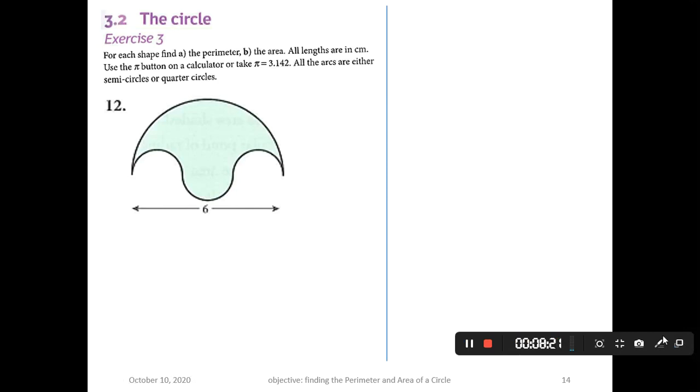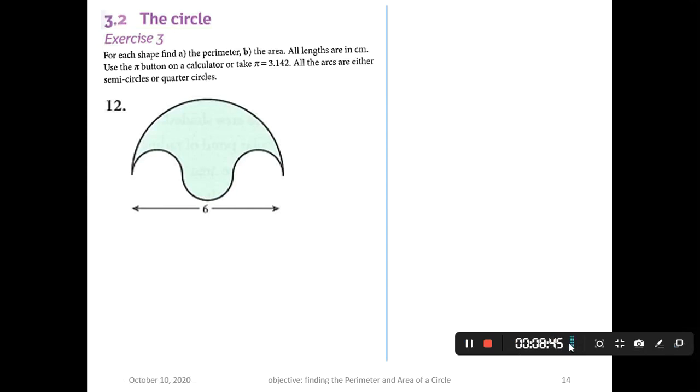I would like you to think of this question on your own. Let me help you a little bit. It is made of one big semicircle, and as you can see here, we have three small semicircles.